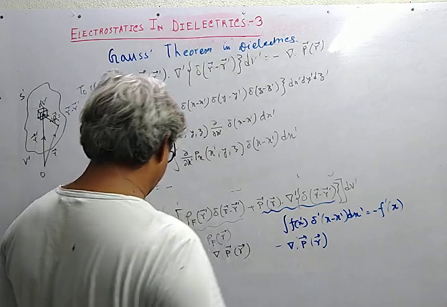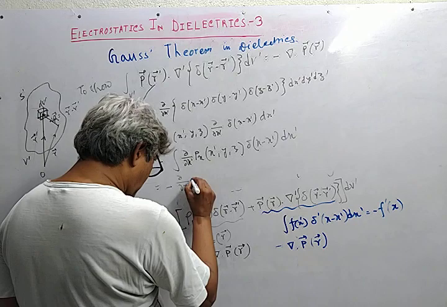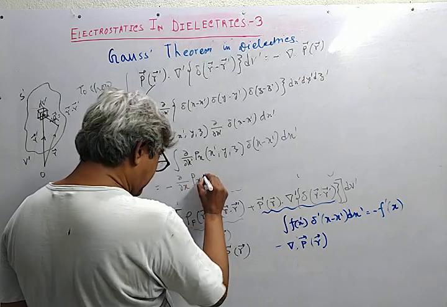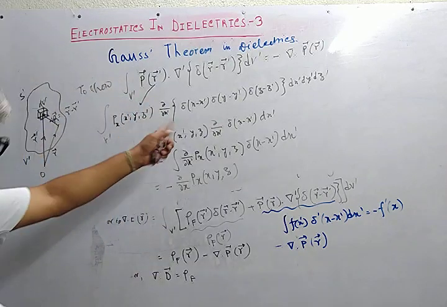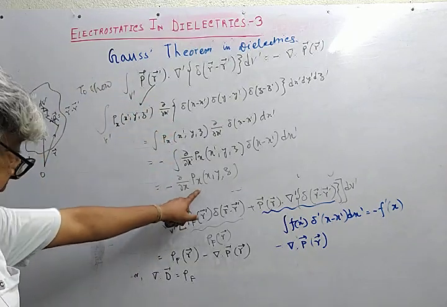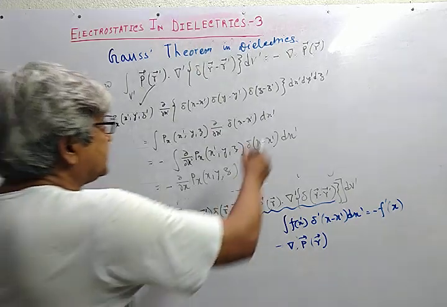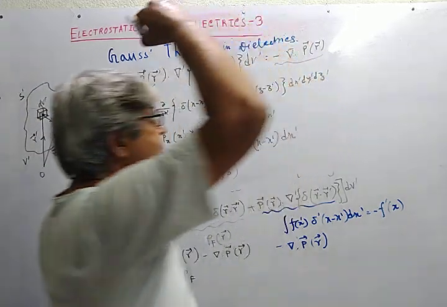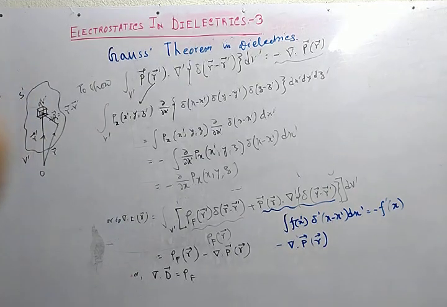This is simply del x of p x at x y z. If you consider the y component, it will be del y of p y, and z, del z of p z. So if we add these three components, it is the result. So by this we end our discussion on Gauss's law of electrostatics in dielectric medium.